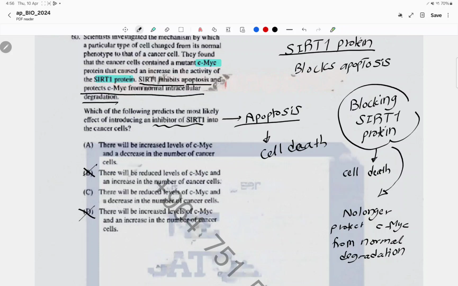Okay? So it is C. Because now they will start to die.